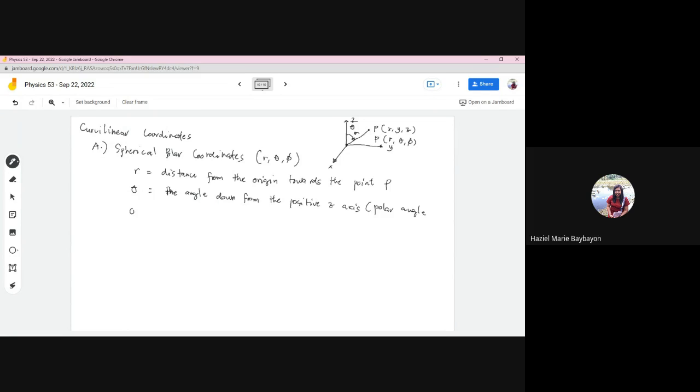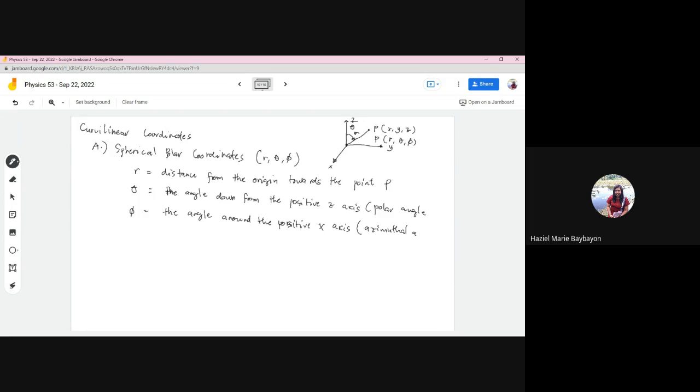And then your phi is the angle around the positive x-axis. The angle around the positive x-axis. And it is also called the azimuthal angle.